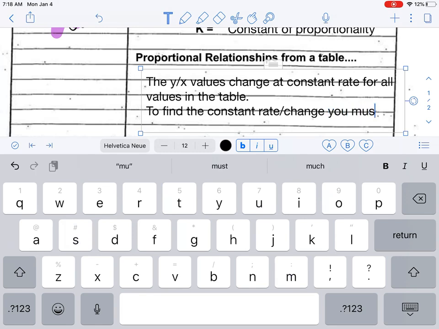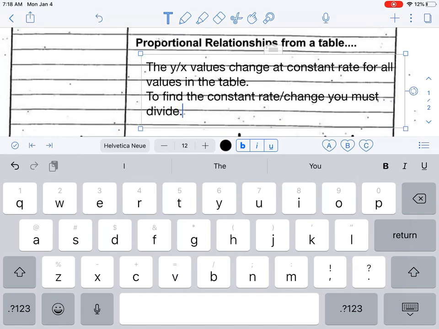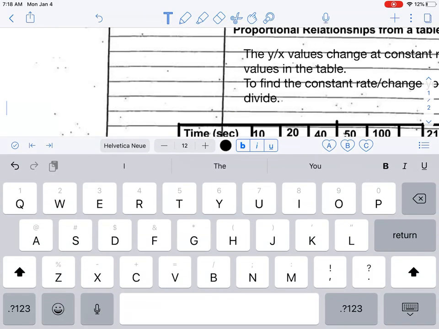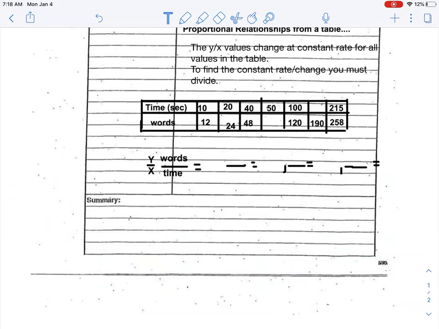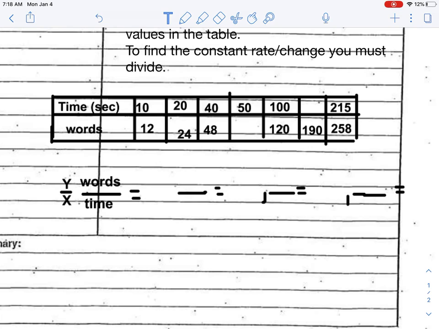you must divide, just like we did for finding unit rates. Now, for this table, I'm going to tell you that it is proportional. So what we're going to do here is find a constant rate of change because we need to fill in these two values. We don't know what they are.